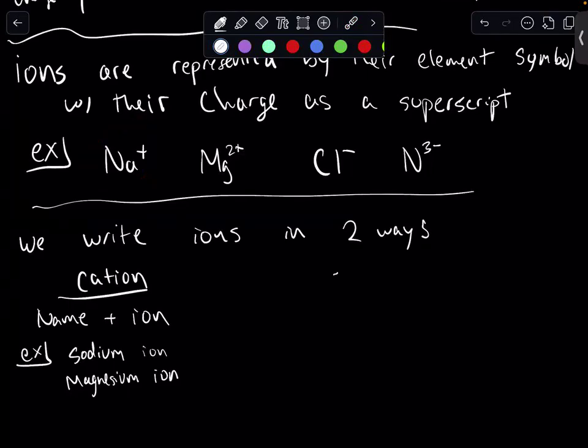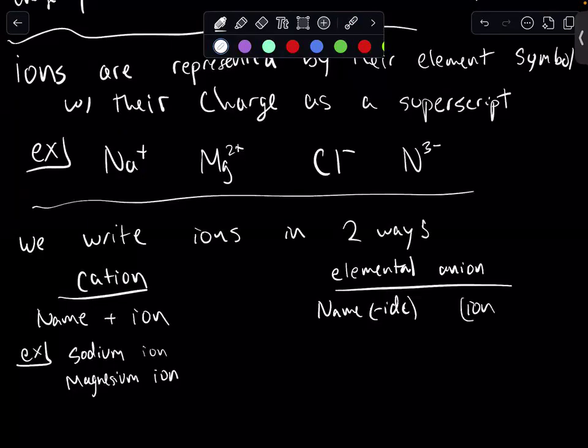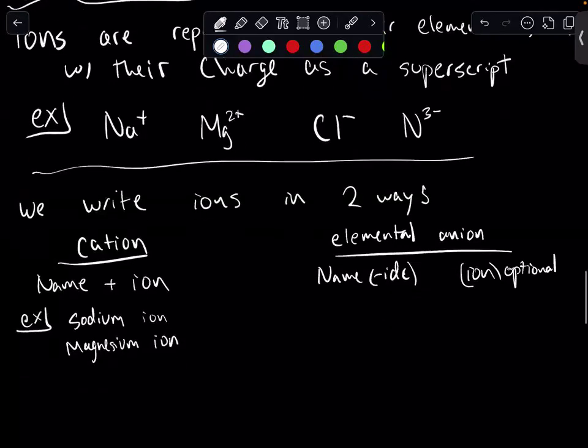However, if we have an anion, specifically an elemental anion, meaning just one element, so chlorine or nitrogen, we have to do something a little different. Name, add the suffix "ide," and then you can say ion, but that's kind of optional. So for example, chlorine is no longer chlorine ion, it becomes chloride.